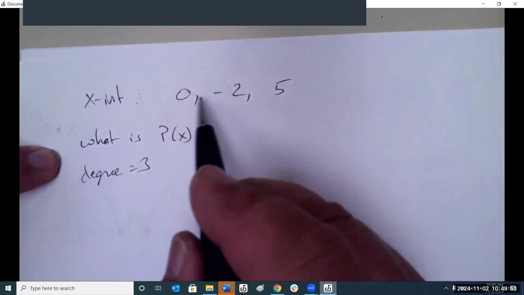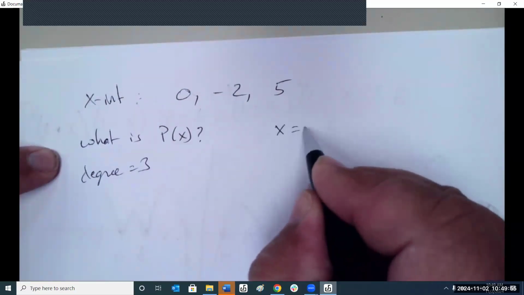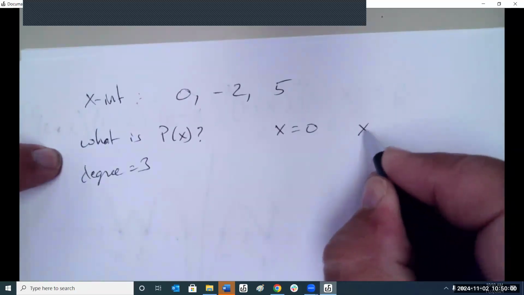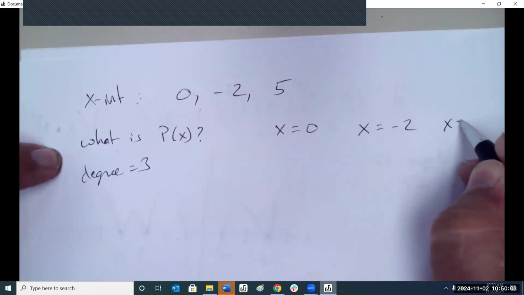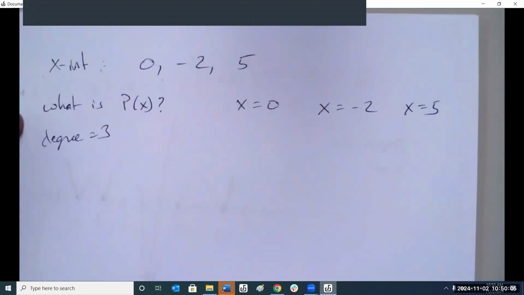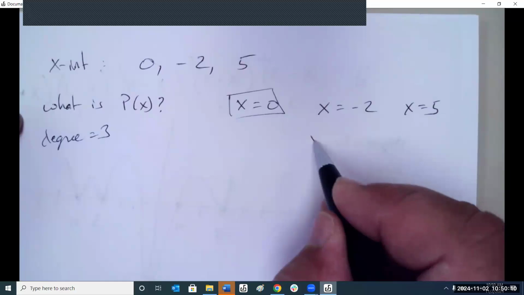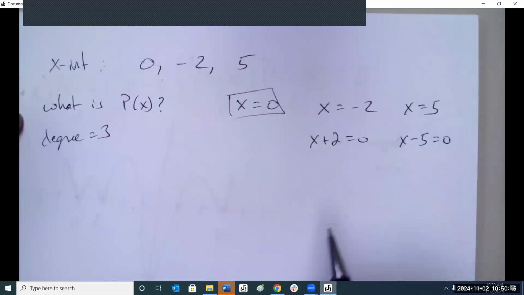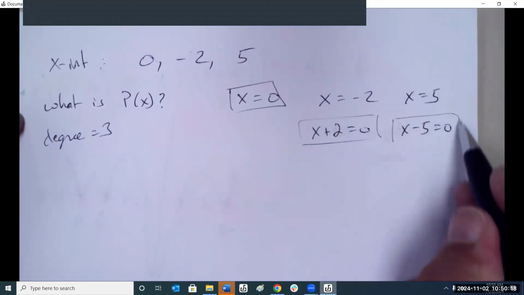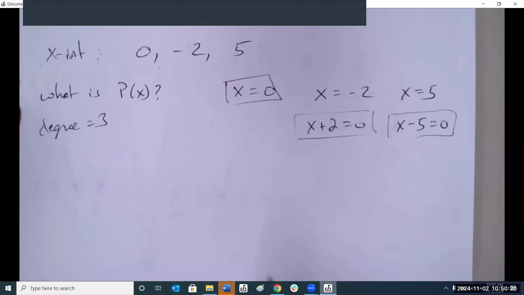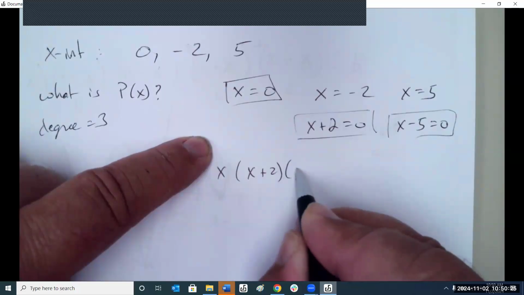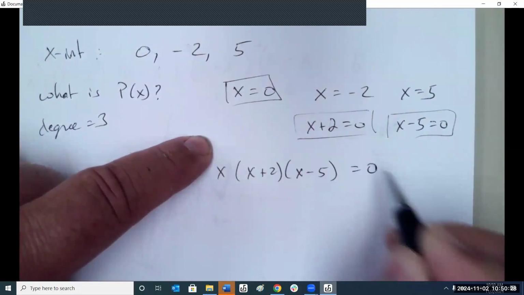How do we get those? Well, take each of our solutions. These are my x-intercepts. This one's as far as it can go, and this one can be worked out further. Take all my x's, the equations, put them together, set them equal to 0.